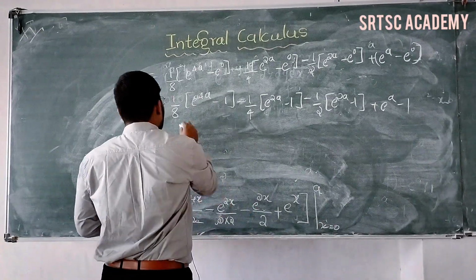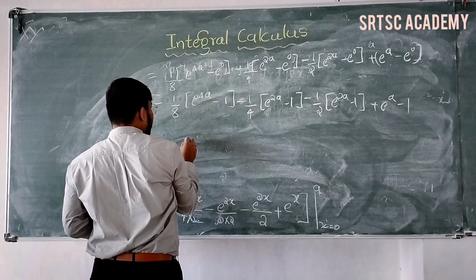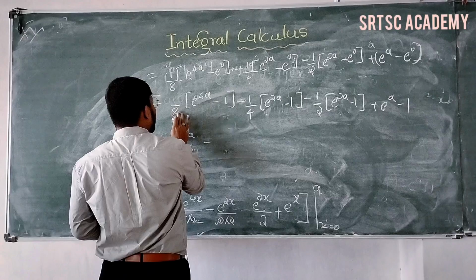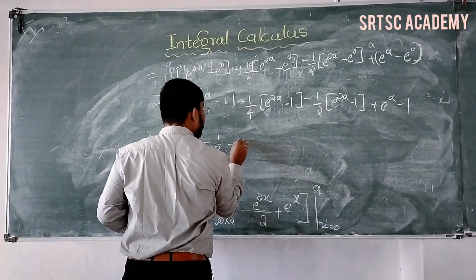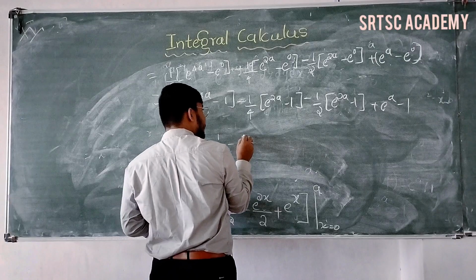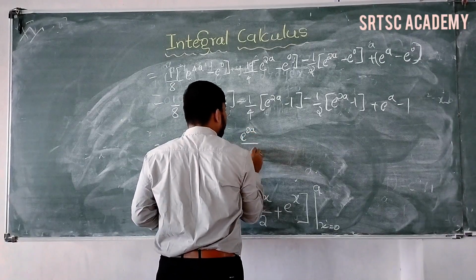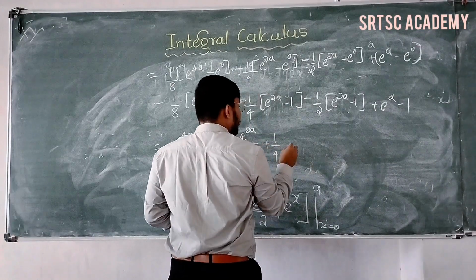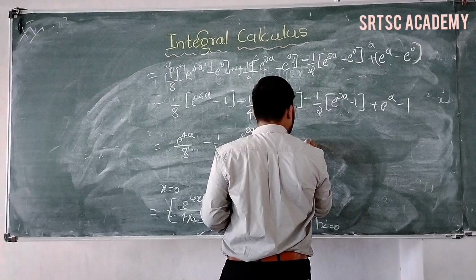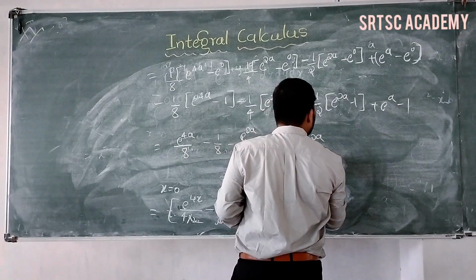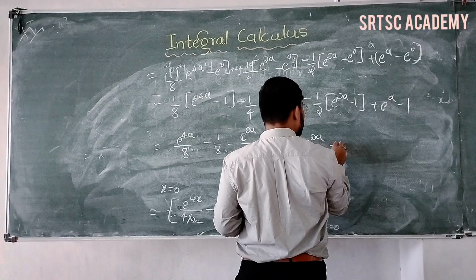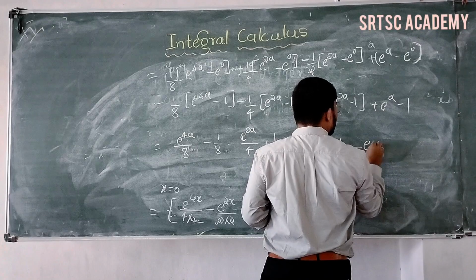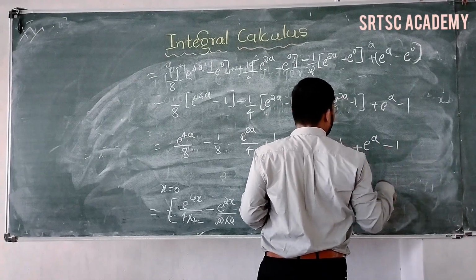Then it becomes 1/8 into e^(4a), that is e^(4a) divided by 8, minus 1/8 into 1, that is 1/8, minus 1/4 into e^(2a), that is e^(2a) divided by 4, plus 1/4, minus e^(2a) divided by 2, minus into minus is plus 1/2, minus e^a plus e^a minus 1.